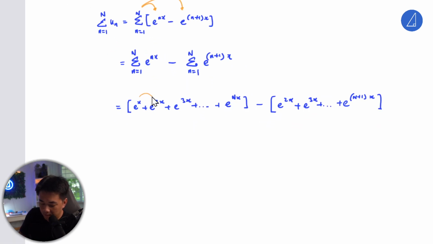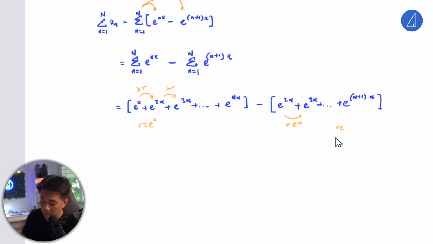Every time you go over, this is multiplied by r, and the r here is e^x. For this one, the r is also e^x.